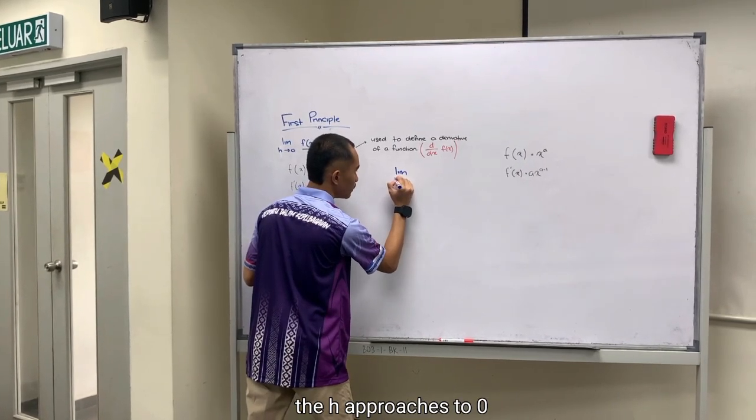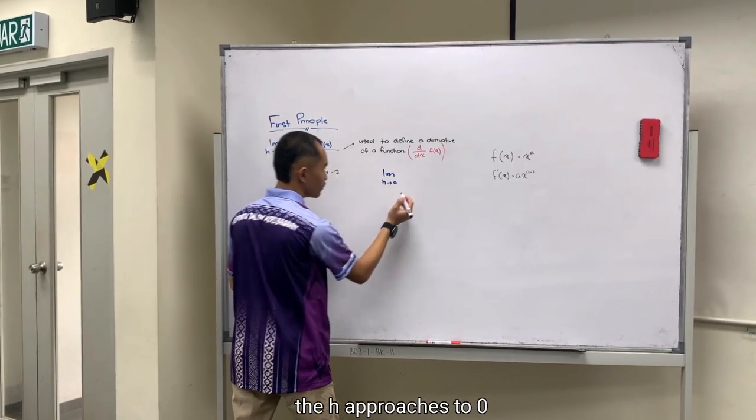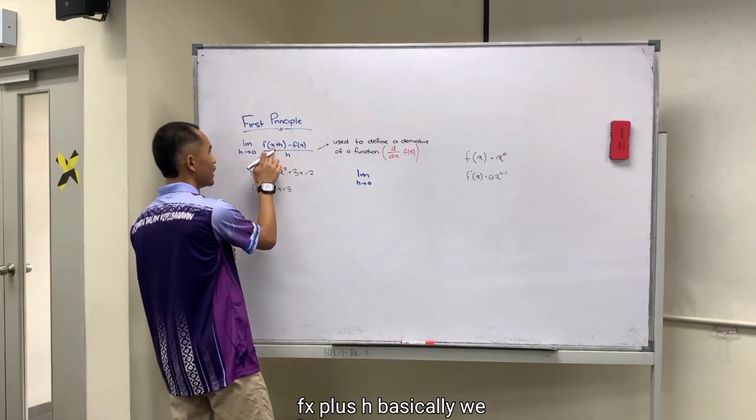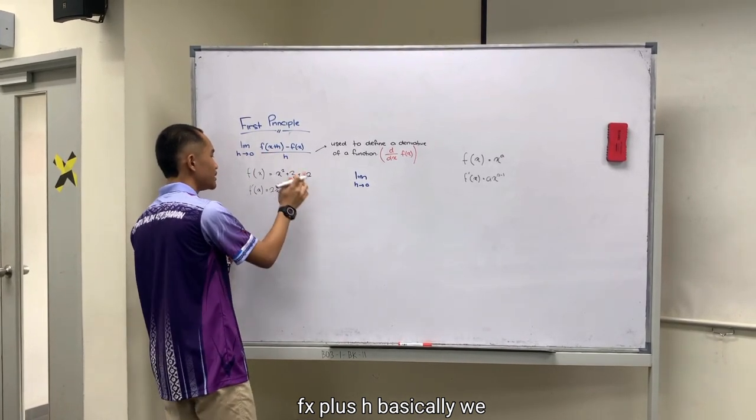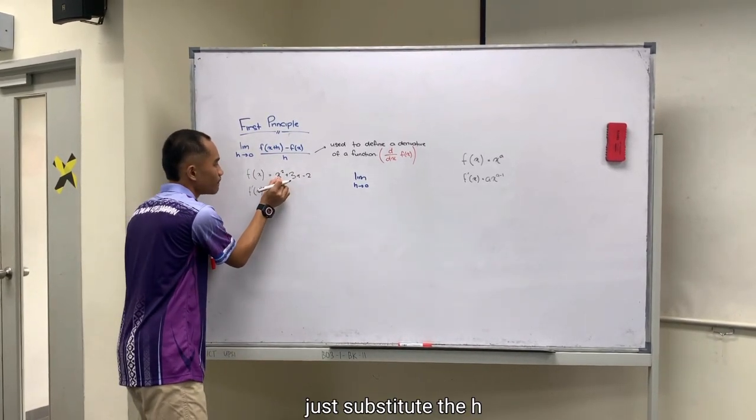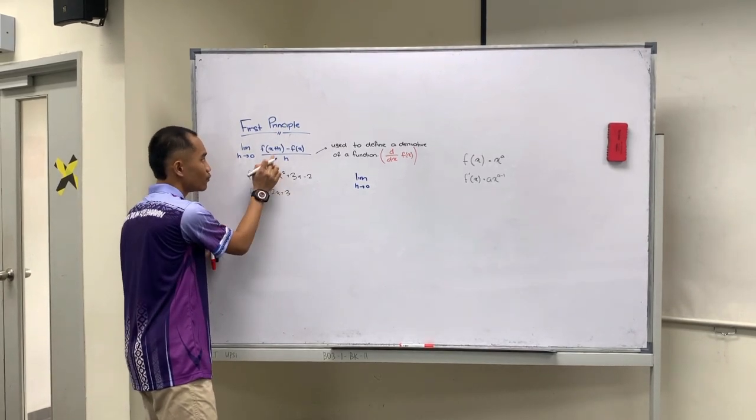The limit as h approaches 0 of f of x plus h. Basically, we just substitute the x with this.